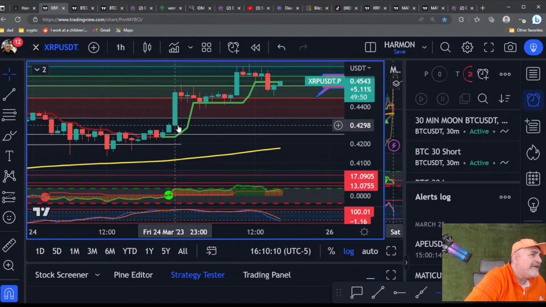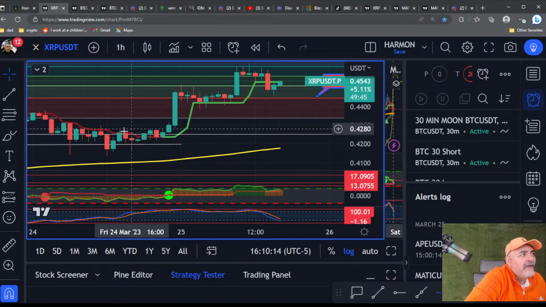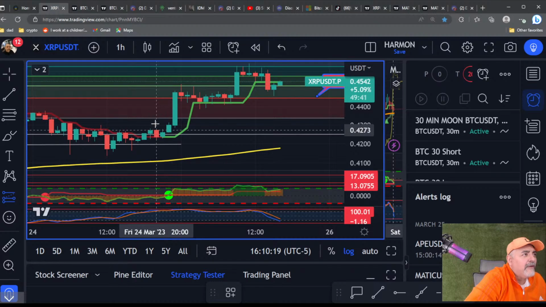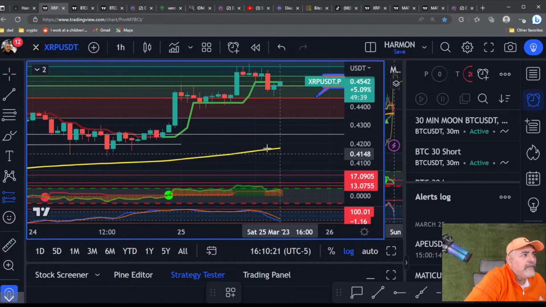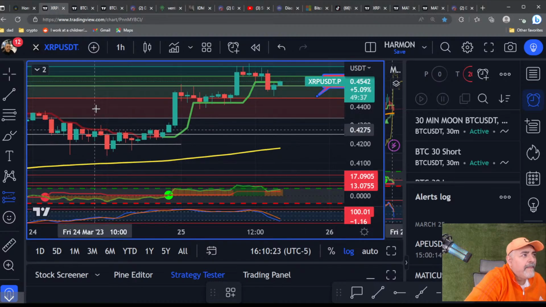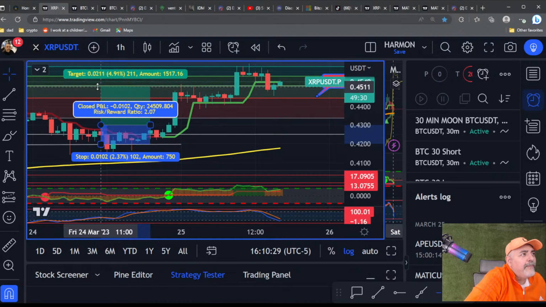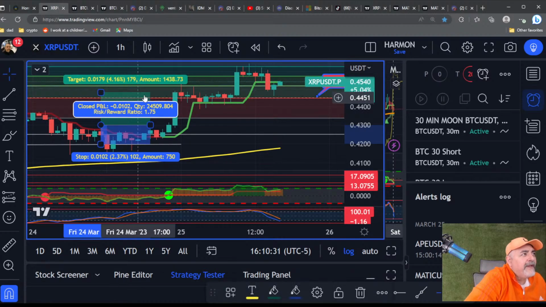So let's say you're 2 hours late. You get in at 42.98, right? So if you would have got in on that trade at 42.98, let's go take a look at a long position. That means at its current spot, you had a movement here on that one pump, right? That one big green candle was a 4% movement, right?